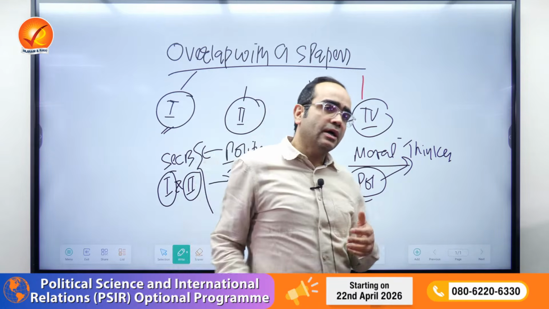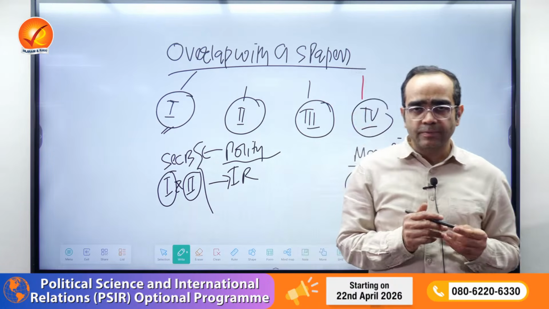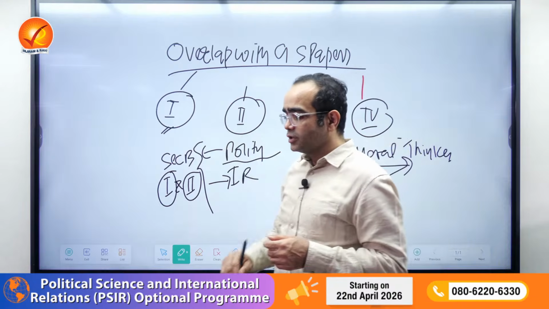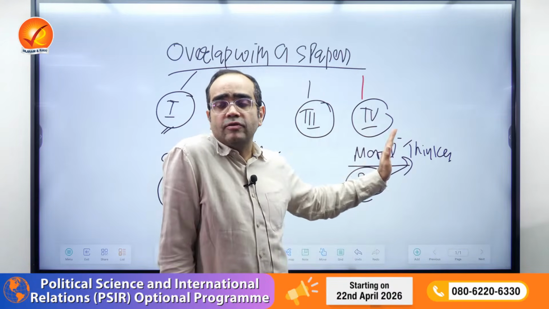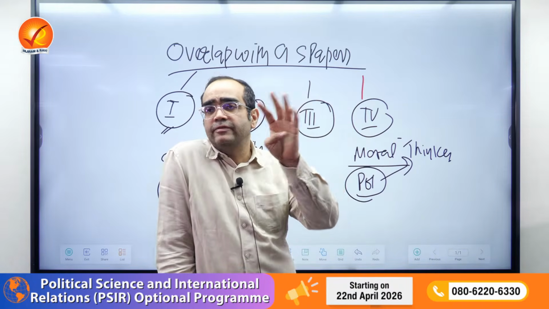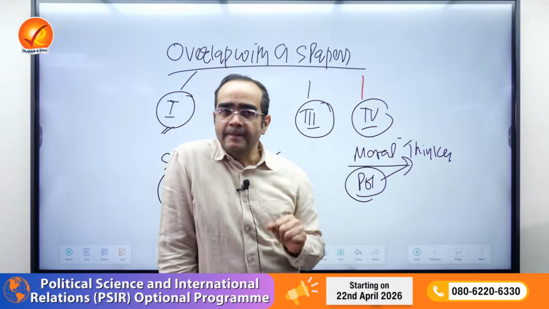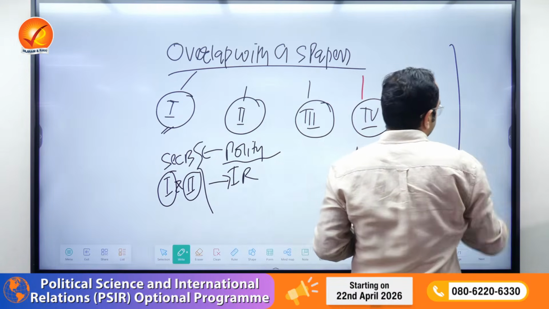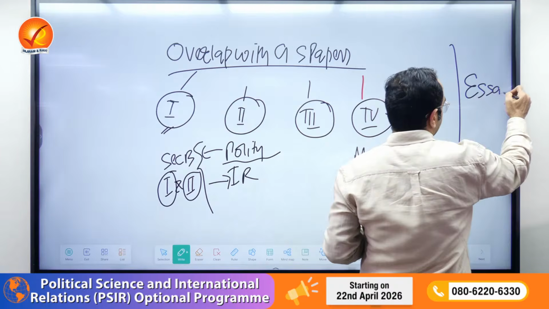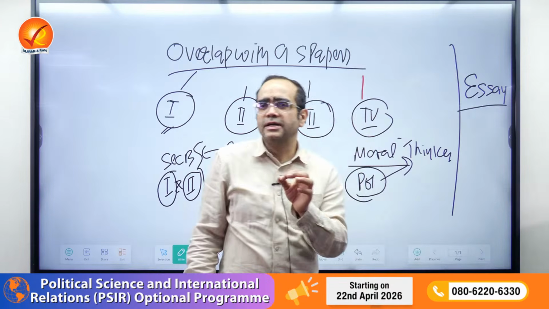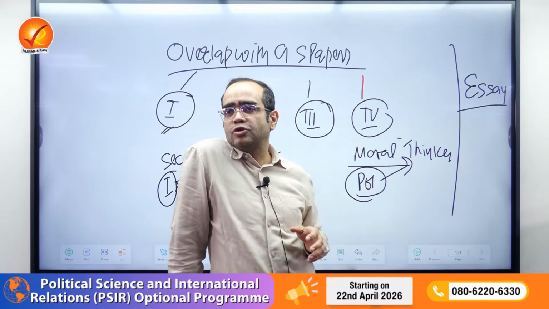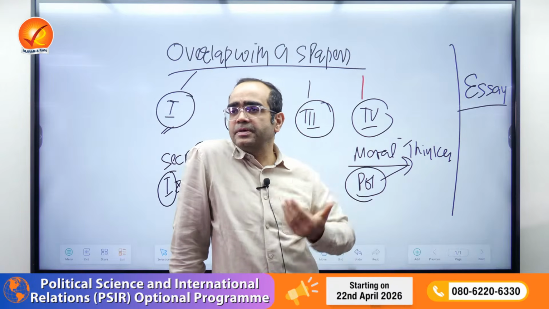So the point is that your knowledge of PSIR will help you get good understanding of all the sections of 4 GS papers which have an overlap with optional. And if I add essay also, every year at least one essay is directly related to the topic which we study in PSIR paper.